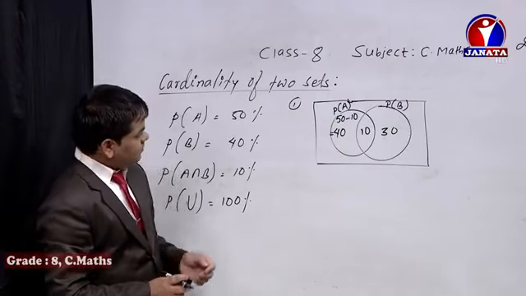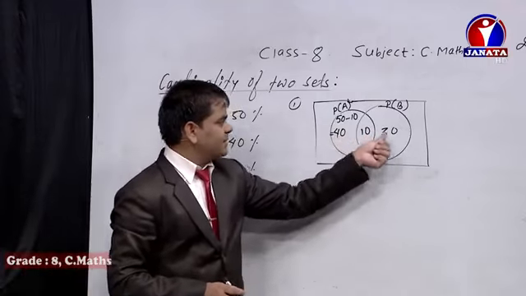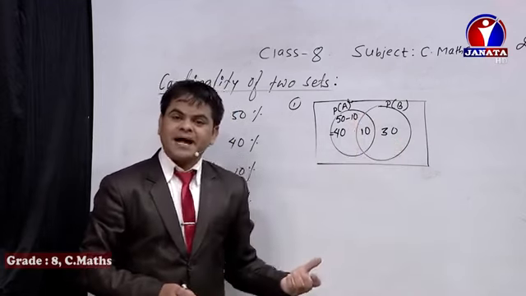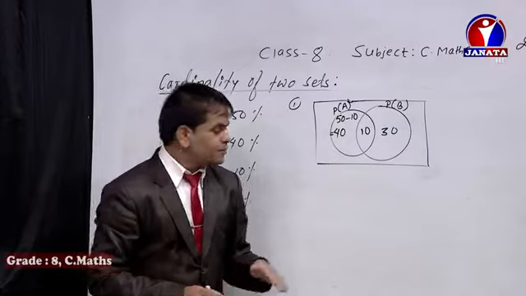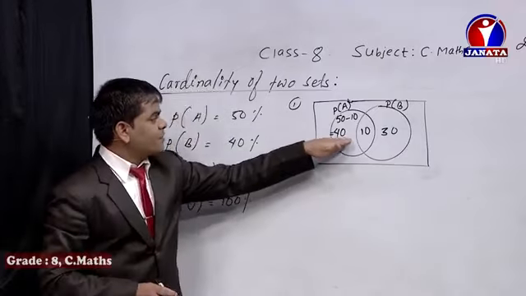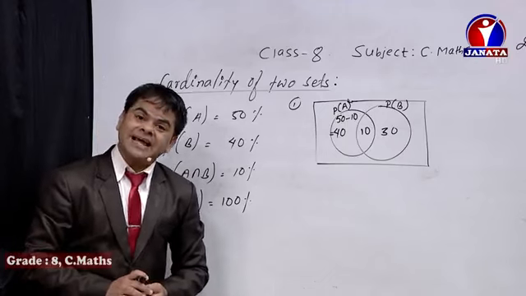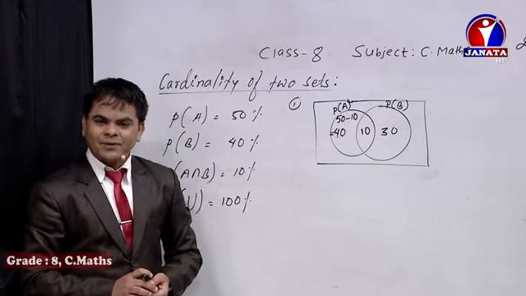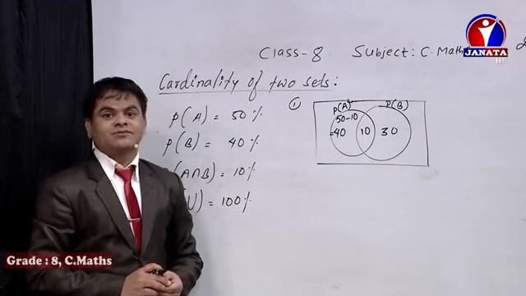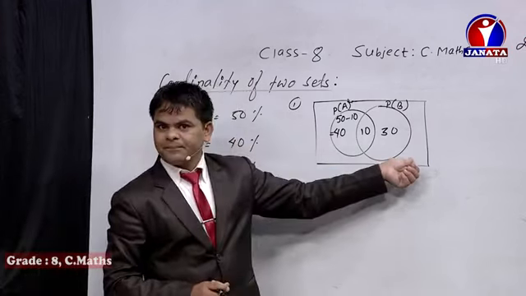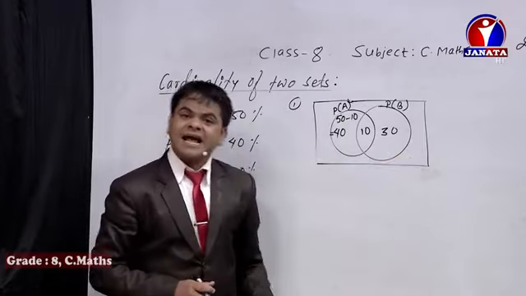So there is one way: 40 plus 10, 50, 50 plus 30, 80. 80% is carried by the 2 circles. Now to be 100%, 80% is there. To be 100, how many percent should be added to 80? Of course, there must be 20. So you can write 20 directly here, or you can suppose x as well.